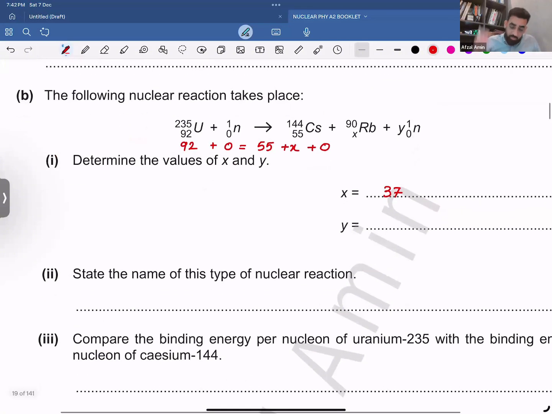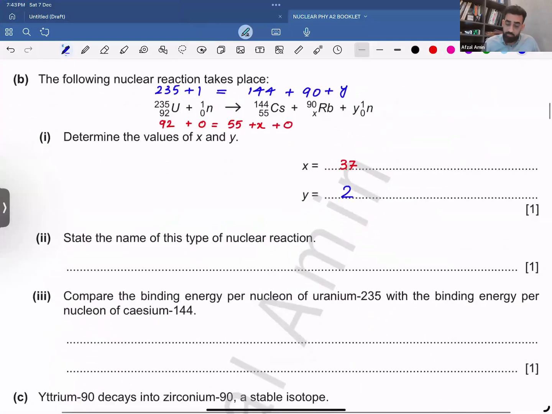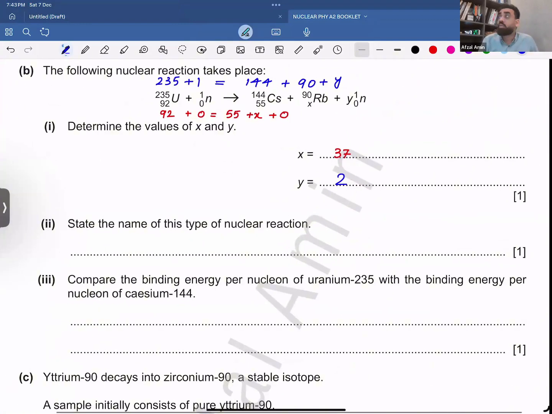Now Y. So Y is up. If you go up, you will say 235 plus 1 is equals to 144 plus 90 plus 1Y. Solve it. So answer is 2, my dear.